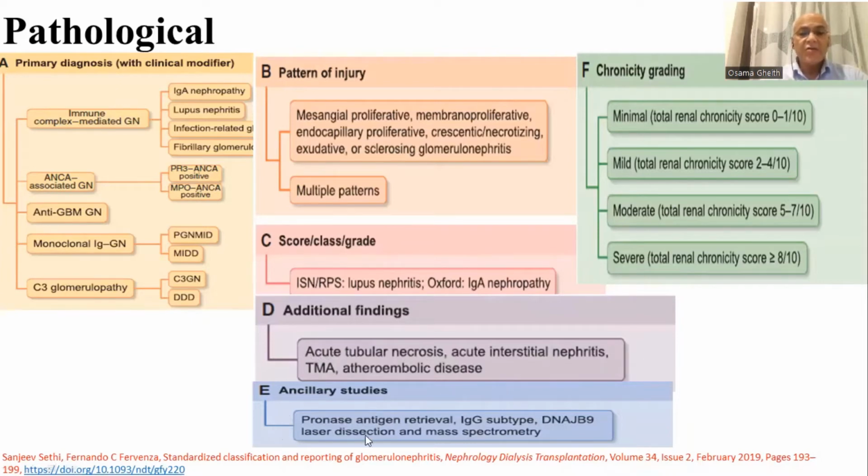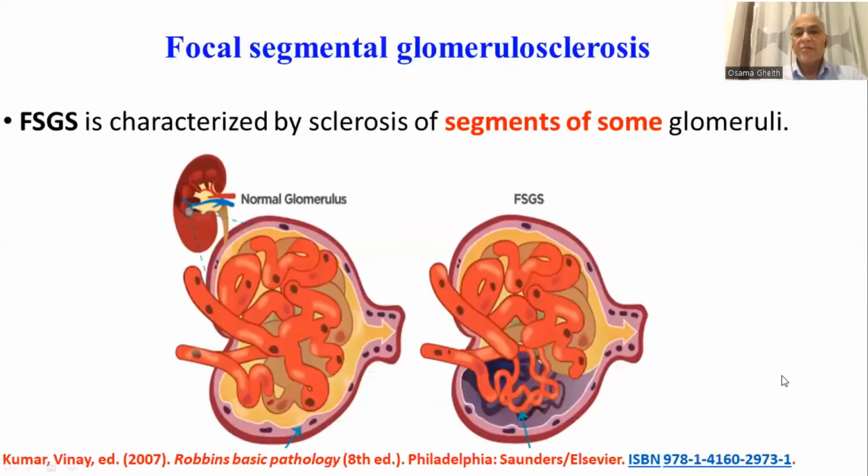Ancillary studies show also the type of the IgG subtype, the pronase antigen retrieval, and so on. Also the grade or chronicity score, based on which we can manage the patients accordingly with immunosuppressive or other medications. Back to our disease, which is focal segmental glomerulosclerosis.